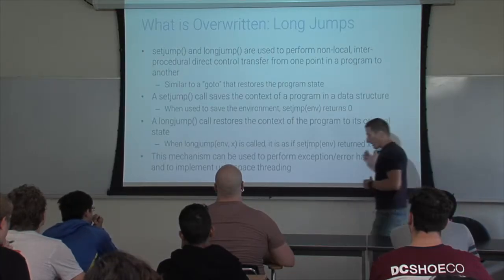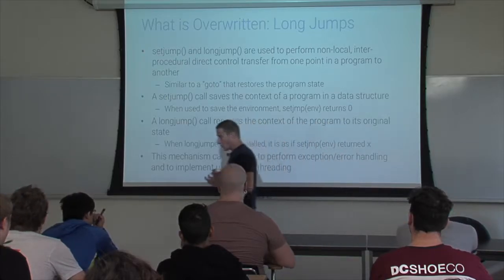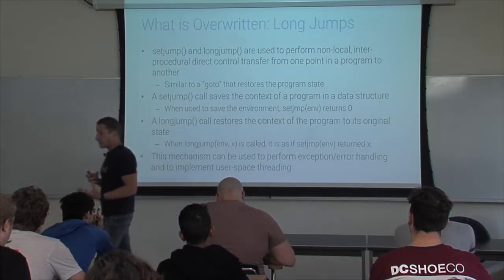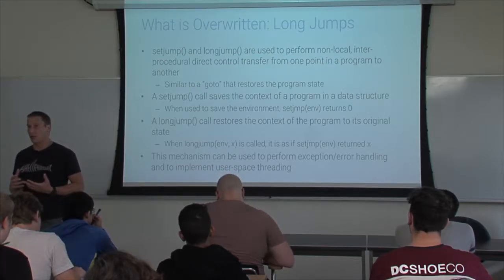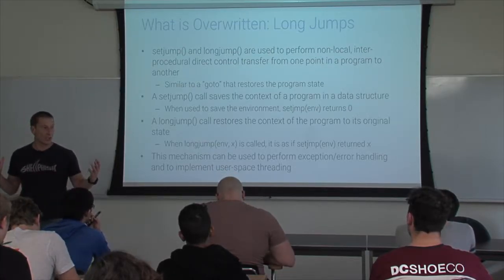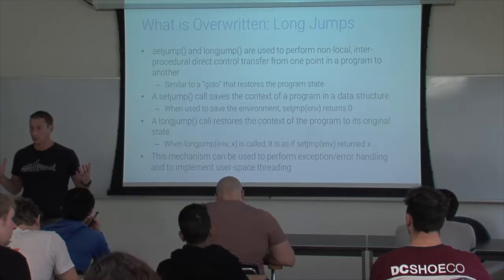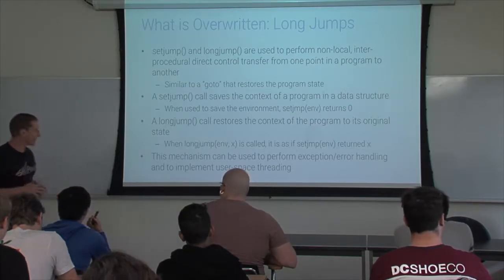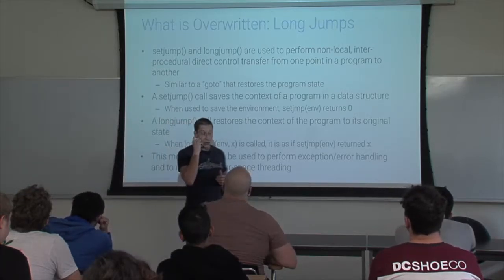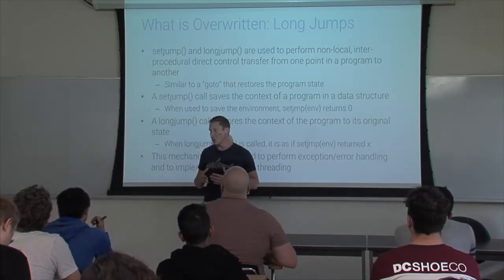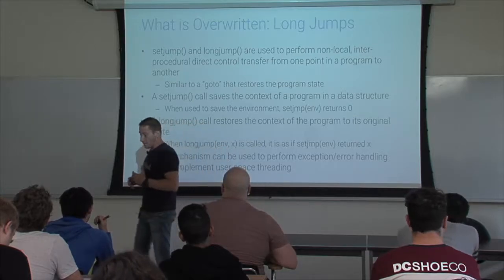A good example of something weird that people do not necessarily perceive as an issue are long jumps. How many of you ever used a long jump? Okay, one person in the class. So long jumps are a very weird construct that is used for a number of things.